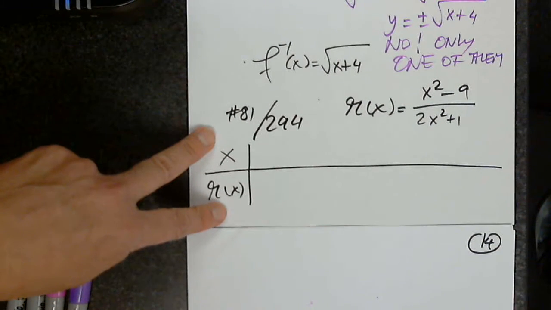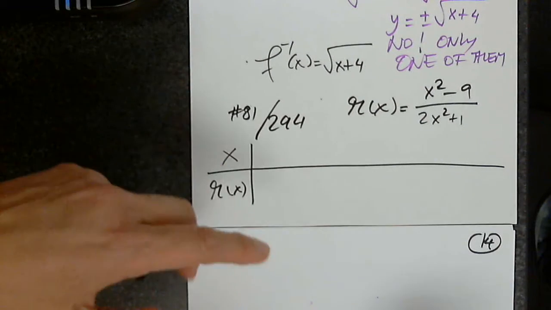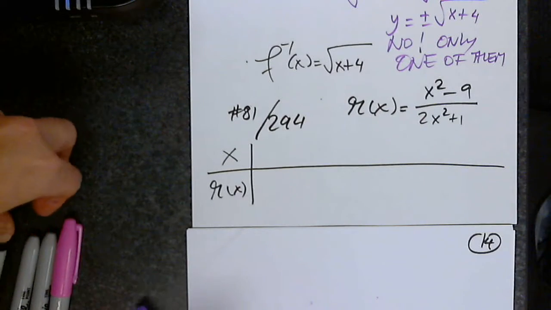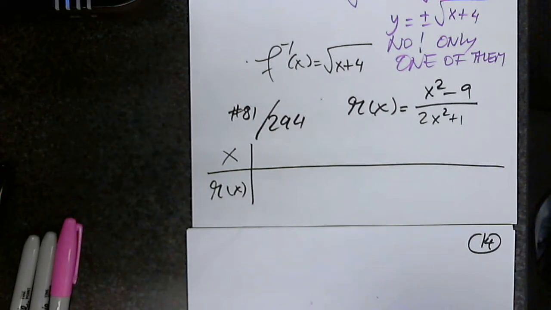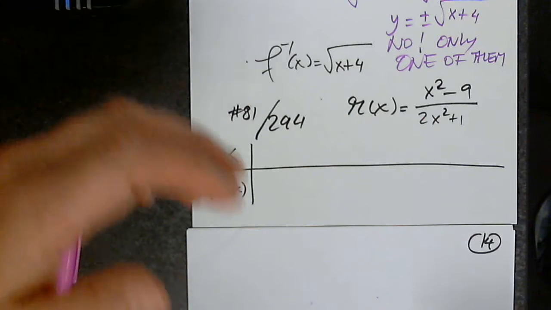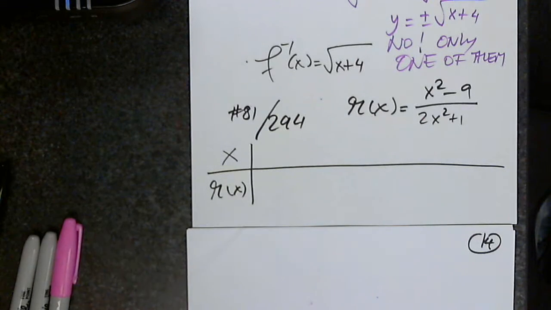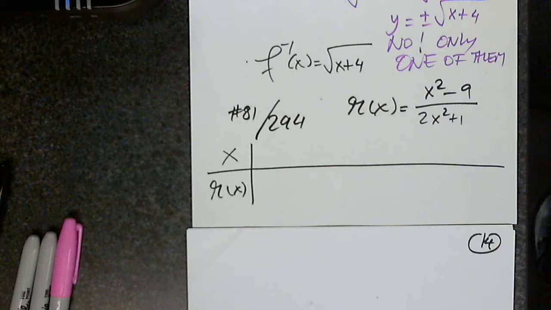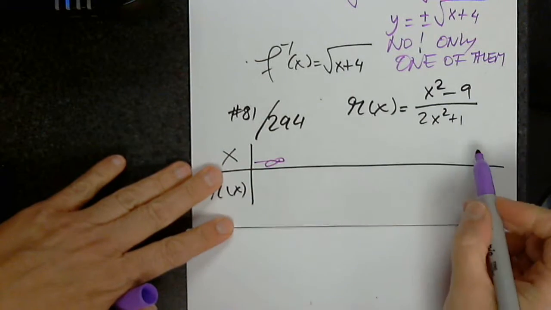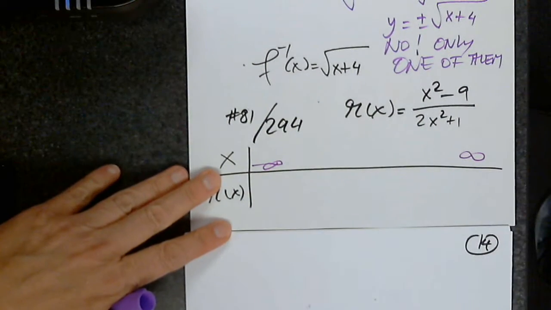Perfect. So how do I determine the domain of a rational function? I look at the denominator. In this case, 2x squared plus 1 is never 0. So there are no restrictions on this function. It's defined on all real numbers, and there are no vertical asymptotes. None whatsoever. So between negative infinity and infinity.